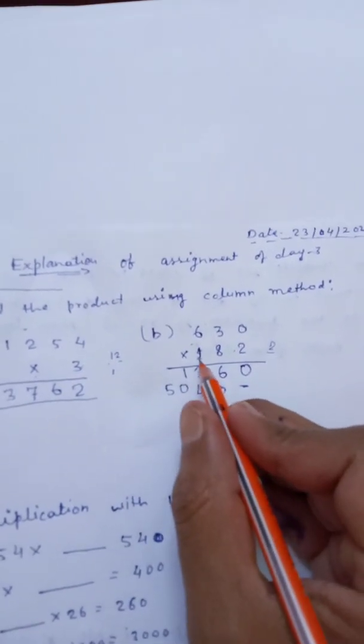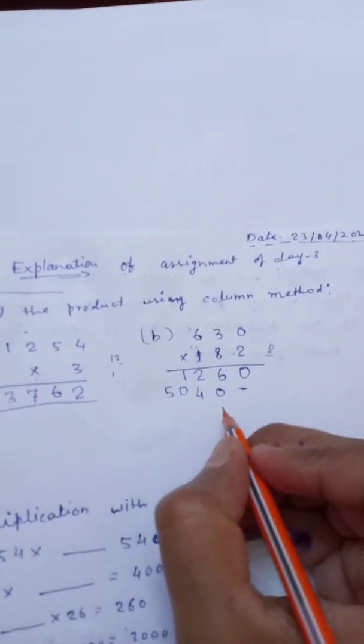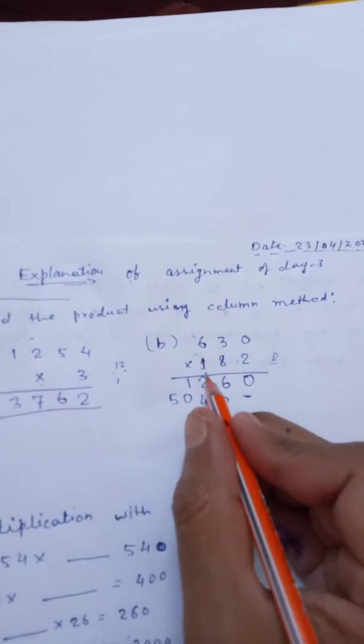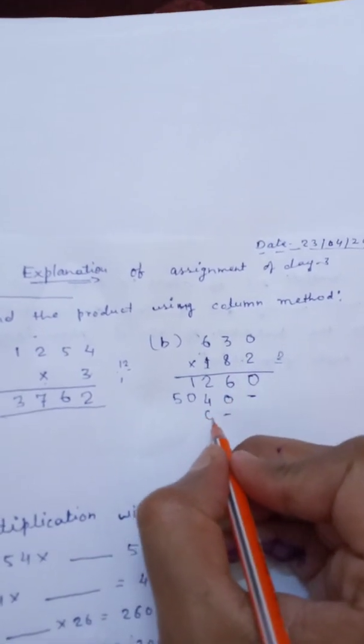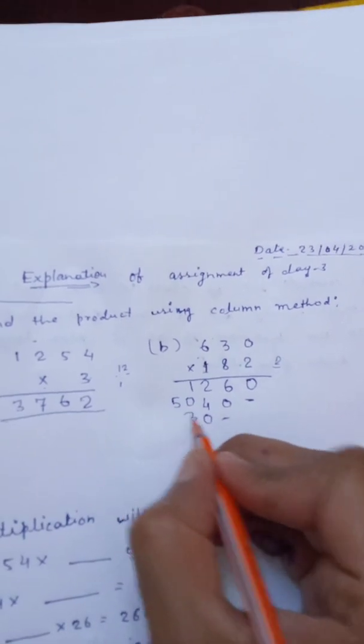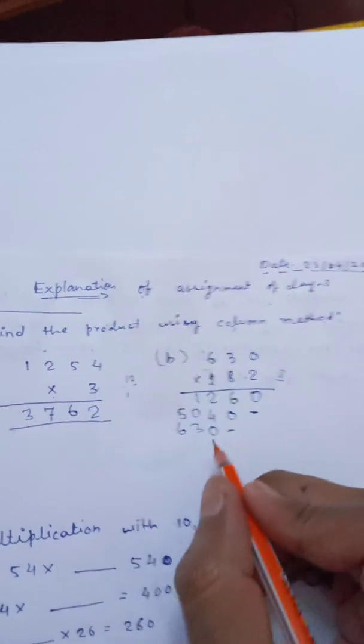Now we have to multiply this number 630 by 1. So we will start from the hundreds place. We will leave one more place here. 1 zero is 0, 1 into 3 is 3, and 1 into 6 is 6.